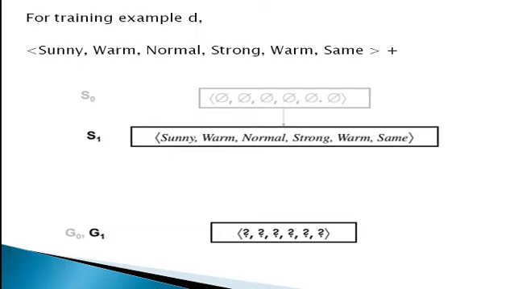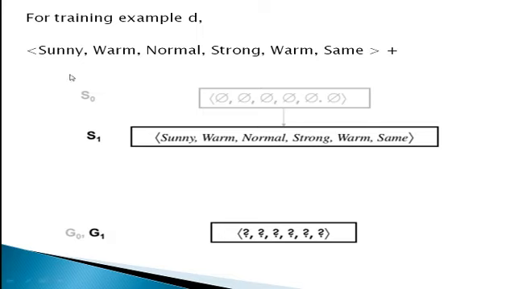This revised boundary is shown as S1, and no update with respect to the boundary set G is needed in response to this training example, because G0 correctly covers this positive example.